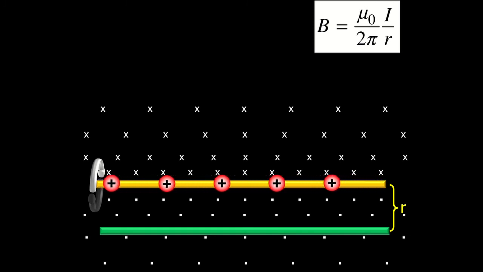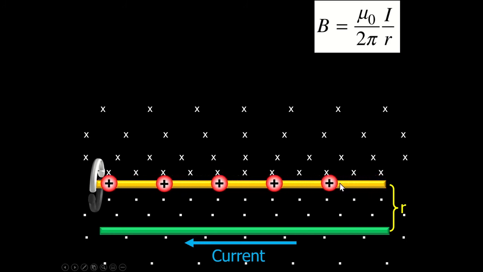We're going to have a second wire, and that second wire is going to have current running through it. So the way we're thinking about it is that this wire has current running through it, creating a magnetic field. And then we have current in a magnetic field. The current of this wire is in the magnetic field of that wire.